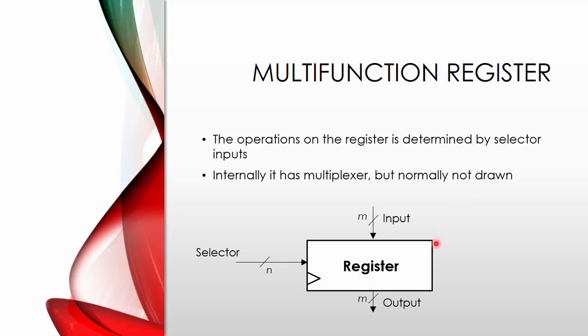And this is how it looks like. This is a register. This notch is to show that it is a register with a clock input, a few selector of a few bits coming on one side, and the top and bottom are the input and output.